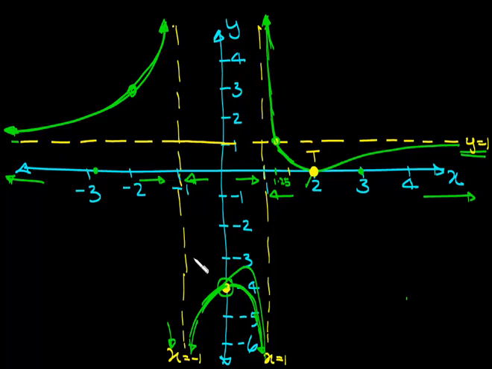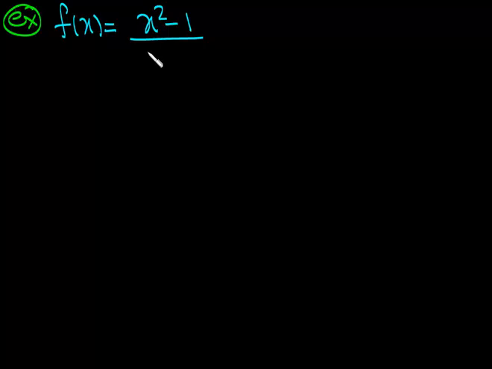Alright, let me do one more example where the things cancel so you guys can see that. So let's say that I have f of x is equal to x squared minus 1 divided by x squared minus x minus 2.